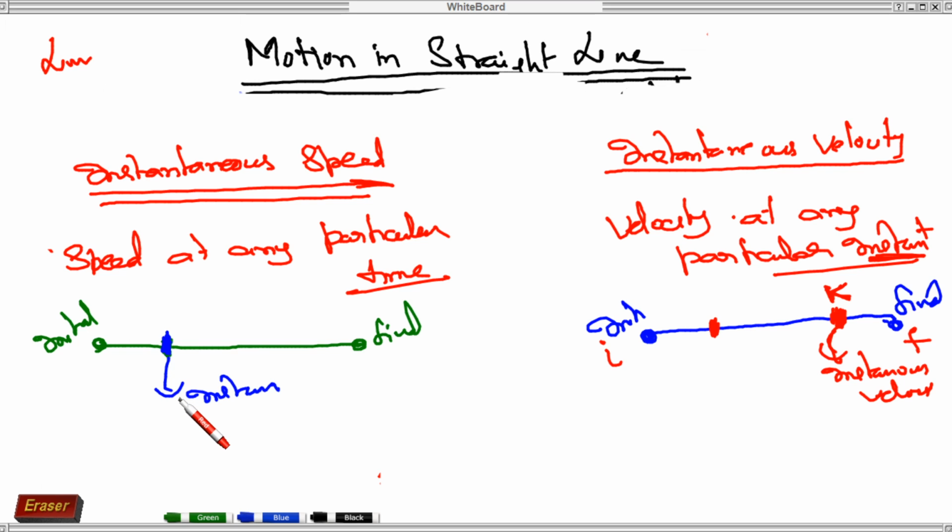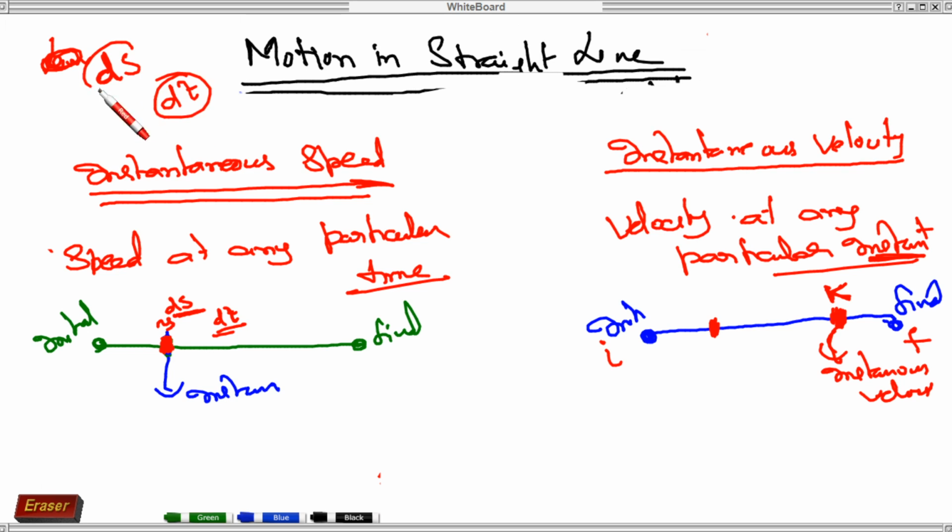Like I told you, suppose the distance traveled here is ds, and whatever distance it traveled, it traveled in dt time. Suppose I want to find this one. So at this instant, suppose it traveled a distance ds. Actually, you will come across this differential element. These are called ds, dt.